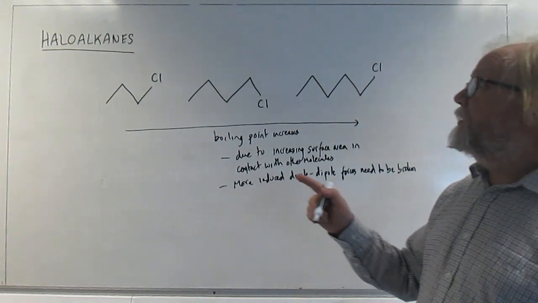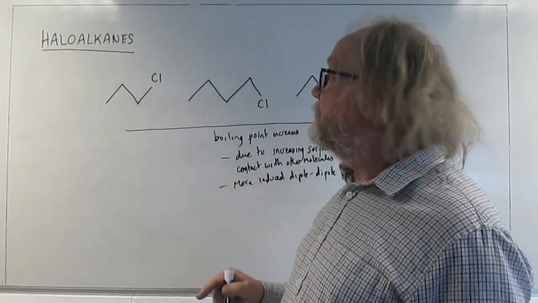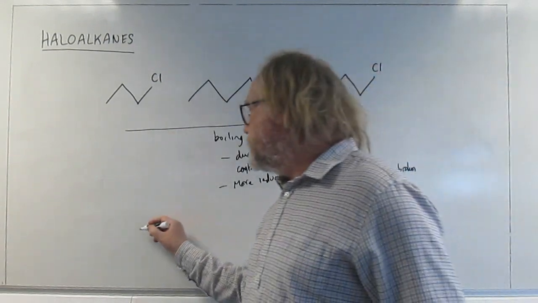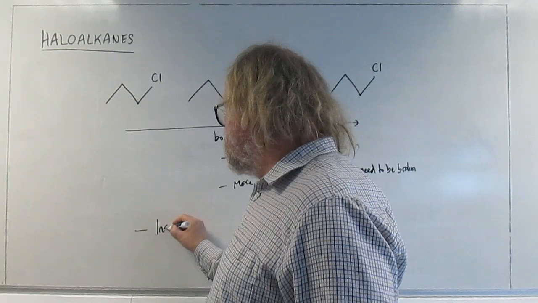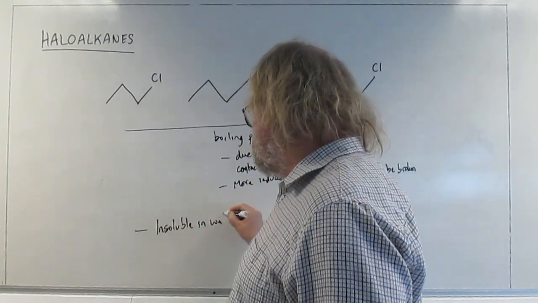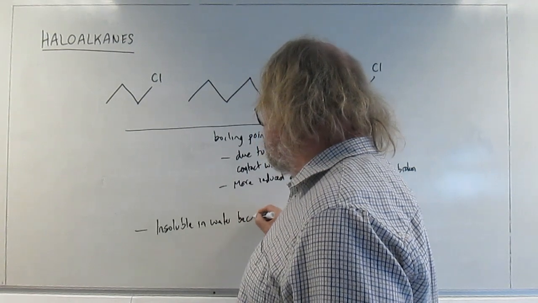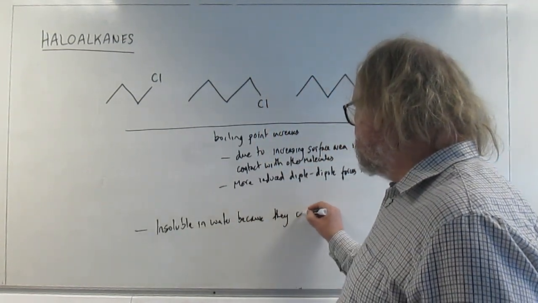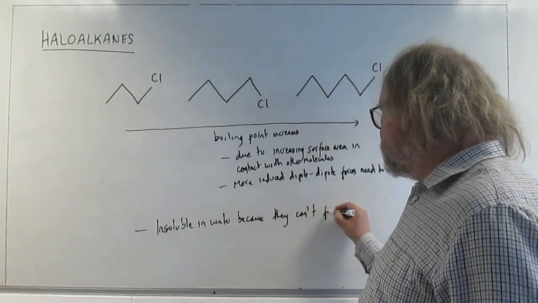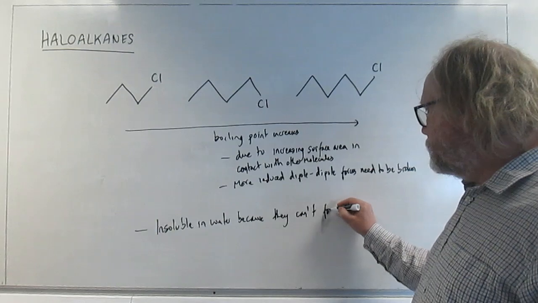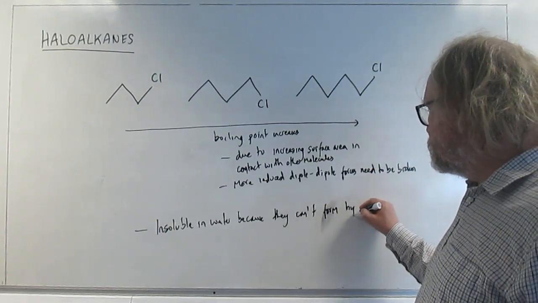But here, there is nothing that can form hydrogen bonds in simple haloalkanes like this, so you would say that these are insoluble in water because they can't form hydrogen bonds to water. So if you're asked for the explanation, that's what you need to say: insoluble because they can't form hydrogen bonds to water.